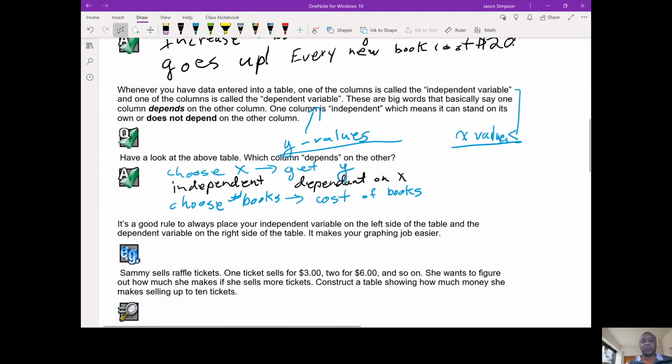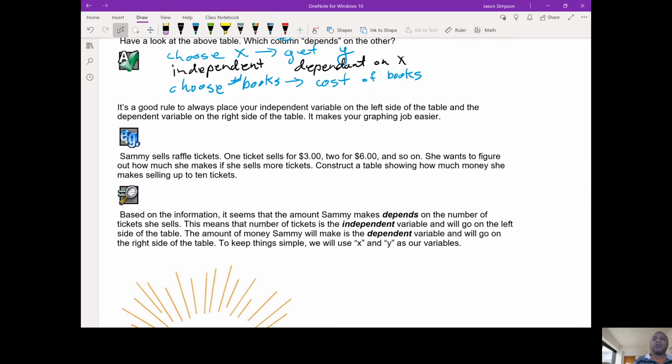Okay? So just remember, your independent variable is always on the left. In this case, we're always talking about the x value of our chart. And then the dependent variable, y, is going to be on the right. So it's always going to look something like this. Here's our x, and then here is our y.